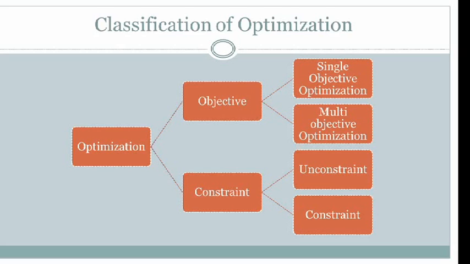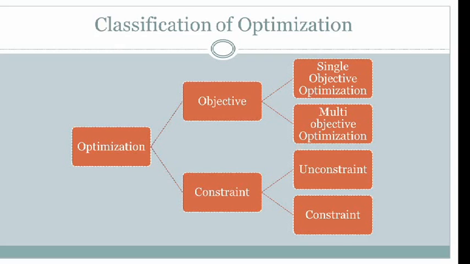Now an optimization problem can be categorized as easy or hard according to certain situations, like non-linearity. If a problem is non-linear, then it is much harder to solve.